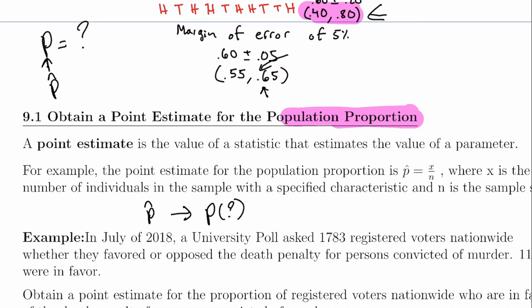It's the same formula: p hat is equal to x divided by n. The only thing different in 9.1 is that instead of calling it a sample proportion, they call it the point of estimate. If they're referring to the point of estimate, they're just asking you to find p hat. Any questions in regard to point of estimate or point estimate?